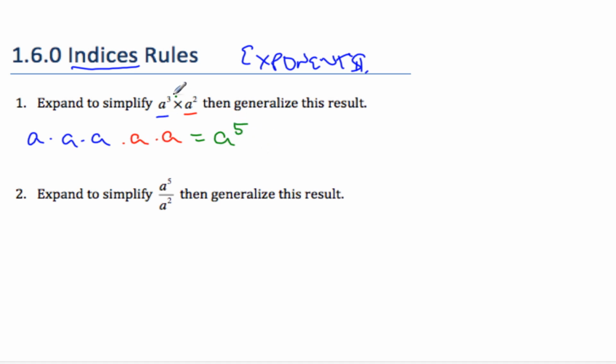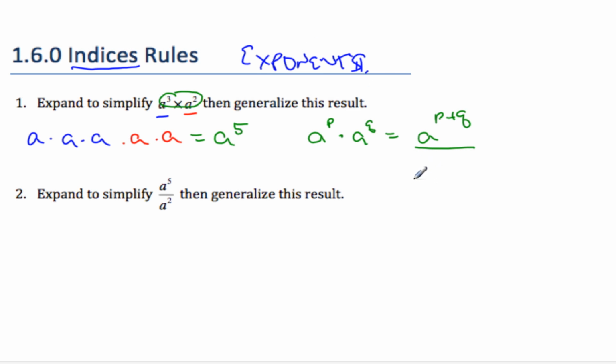So if we multiply, I really add my exponents. If I generalize this, I could say if I have a to the p times a to the q, that's going to equal a to the p plus q. They add together.